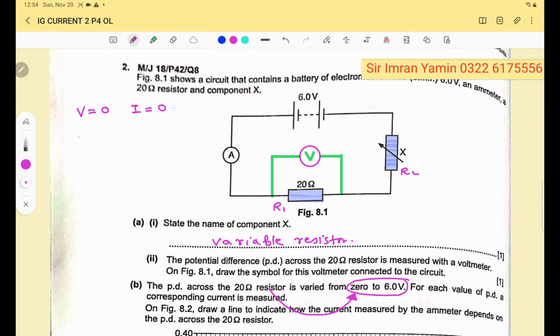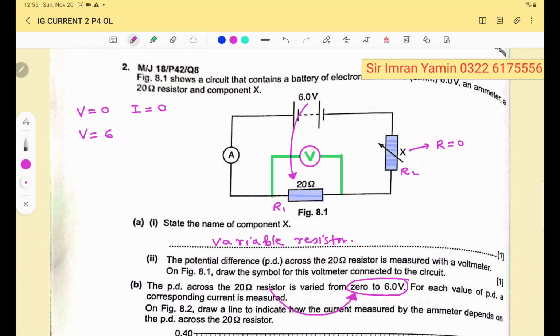And when the voltage is 6 volt, if this variable resistor has zero resistance, then the whole EMF of the battery will be applied across this 20 ohm resistor.